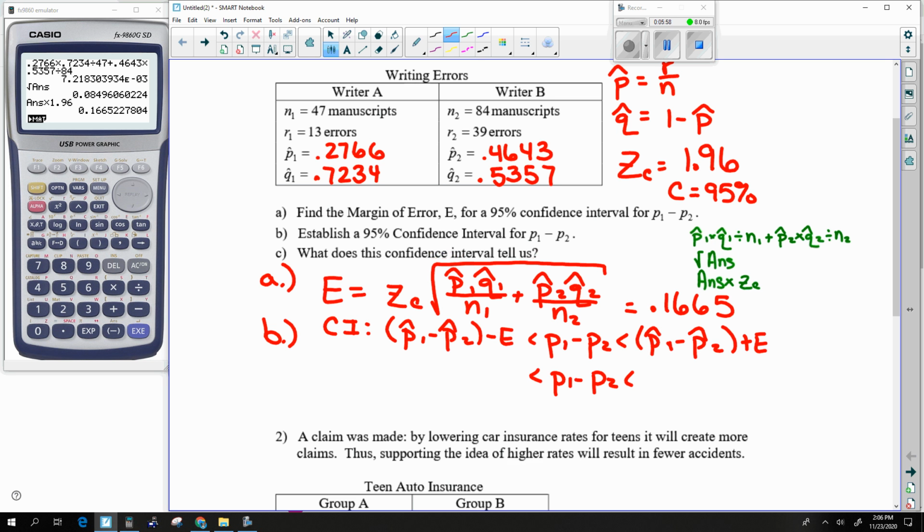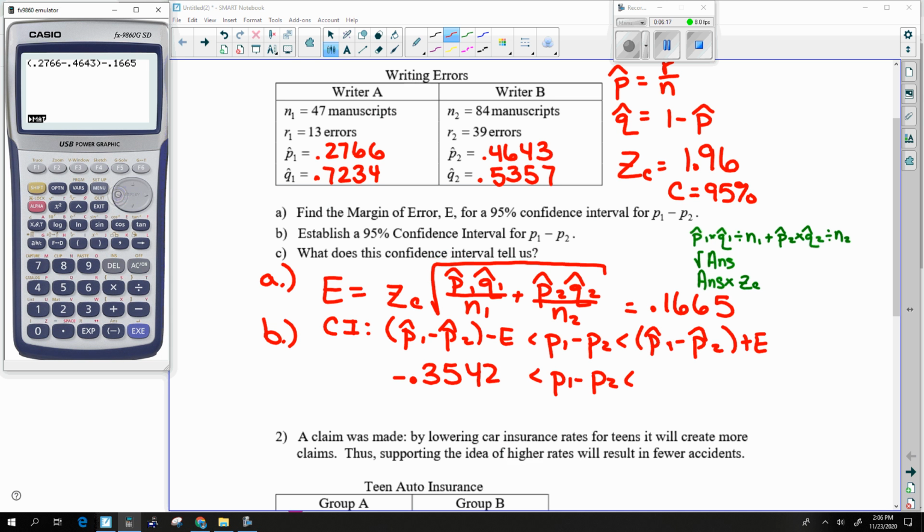And I get the two answers to the two sides. So this is p hat 1 minus p hat 2 minus e, and then p hat 1 minus p hat 2 plus e.